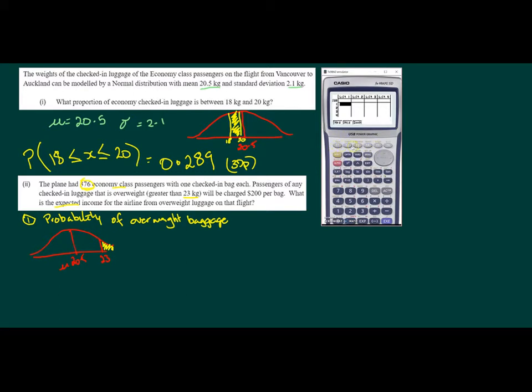We want normal distribution and we want NCD because we're looking for a range of values. Our lower value is 23 kilograms, and our upper value is some ridiculous number, because that's the upper limit, so we'll put 1,000. We could have picked anything there. Standard deviation 2.1, and our mean is 20.5.